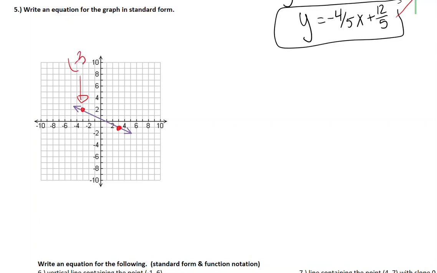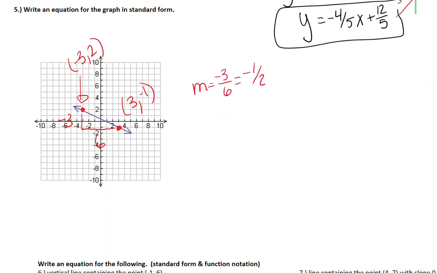So we're going to use (-3, 2), and we're going to use (3, -1). Now, I can either count to see what the slope is, which would be -3 and then 6 over. So our slope is -3 over 6 or -1/2.